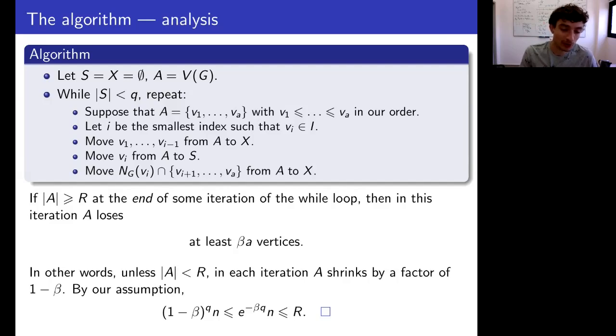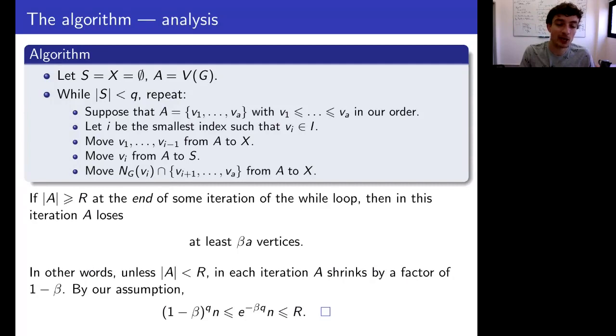So after Q iterations, it will shrink by a factor of 1 minus beta to the Q. Then this is at most e^(-beta Q), and our assumption guarantees that e^(-beta Q) times n is at most R. So just to recap, since we were always trying to add a largest degree vertex to our set of selected vertices, it guarantees that at every such step, the number of vertices that we could remove from A, the neighbors of this vertex, was at least beta times |A|.